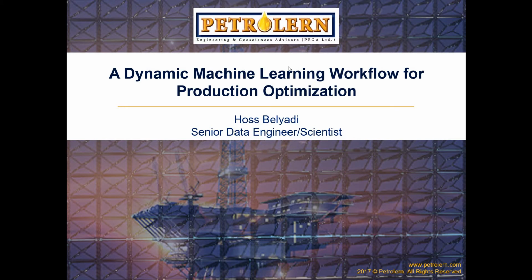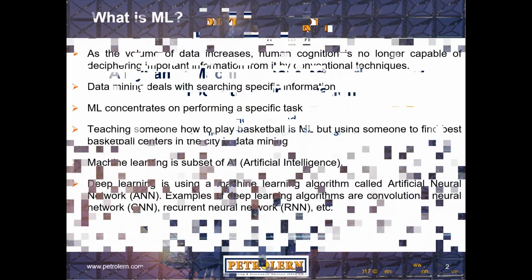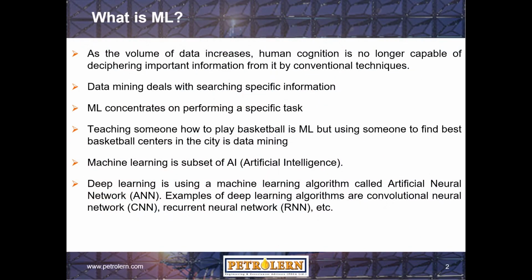So the first slide that I want to talk about is what is machine learning. As you guys know, as the volume of data increases, human cognition is no longer capable of deciphering important information by conventional techniques.